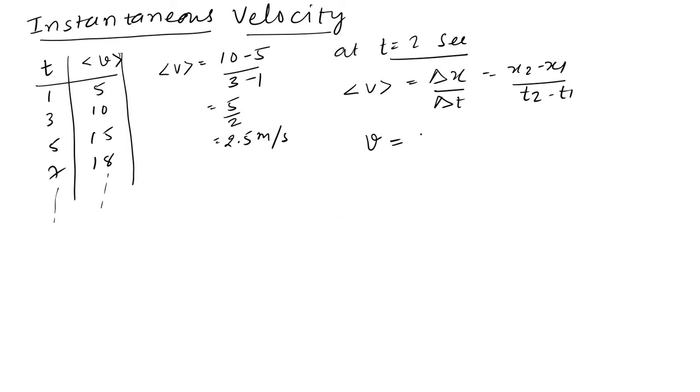Mathematically, if I reduce this time to a very small value, delta t tends to 0, then in such a situation this ratio is going to give me the instantaneous velocity. Right, so this is the definition of instantaneous velocity. It is the application of limits or calculus which is helping you, and this is mathematically written dx/dt. So it is nothing but differentiation.